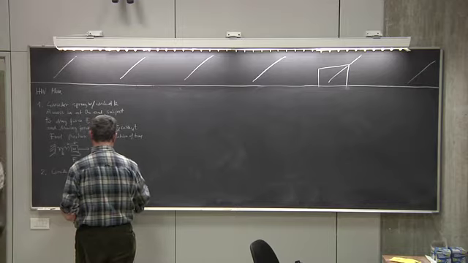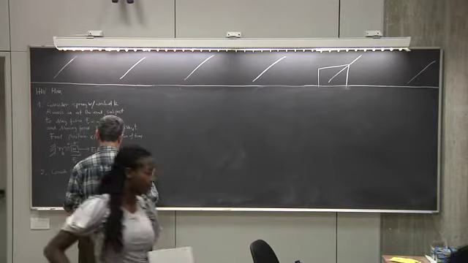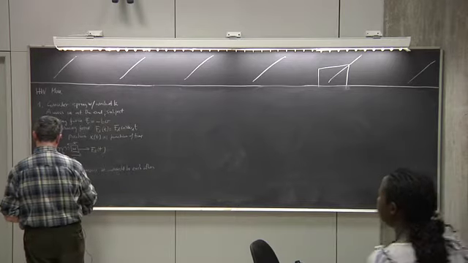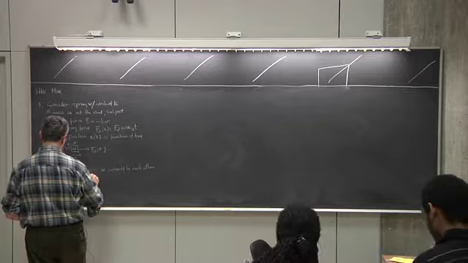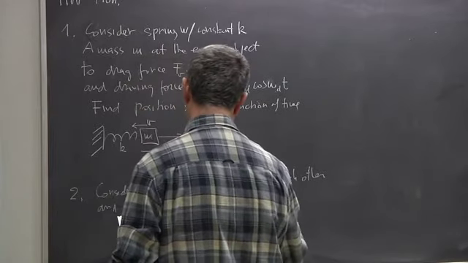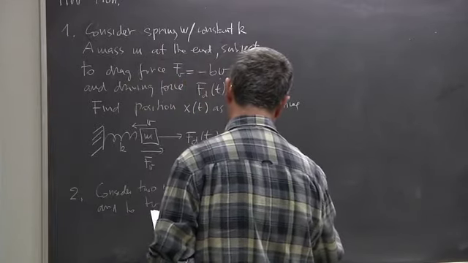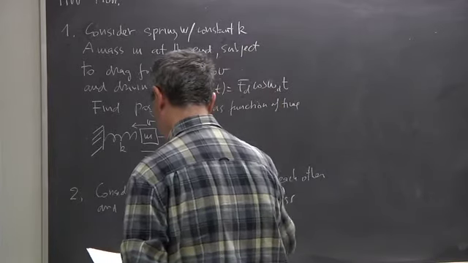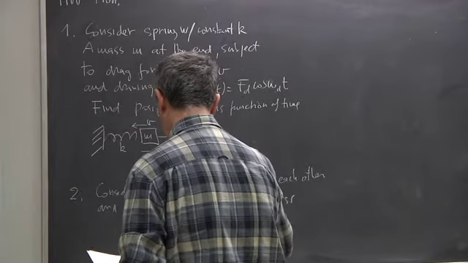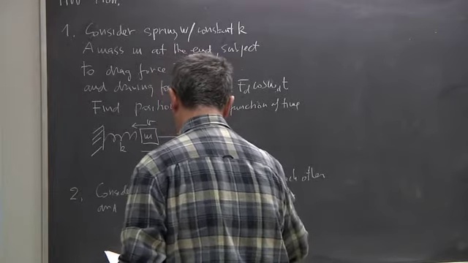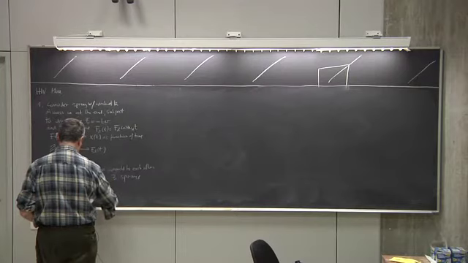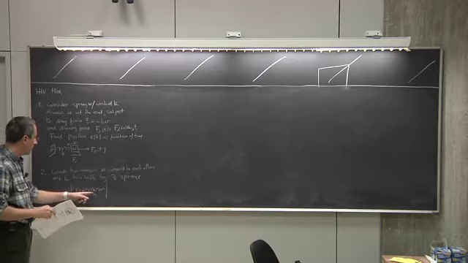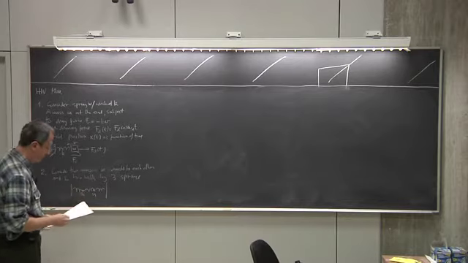It's something like this. So you have the 2 side walls, 3 springs, and 2 masses.